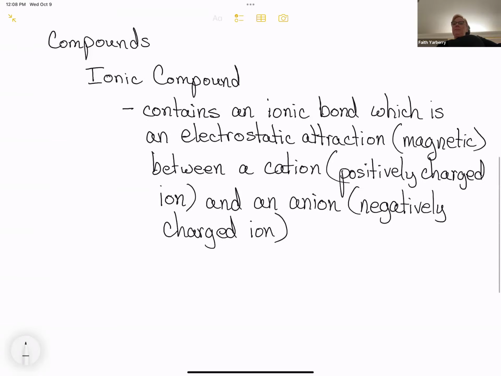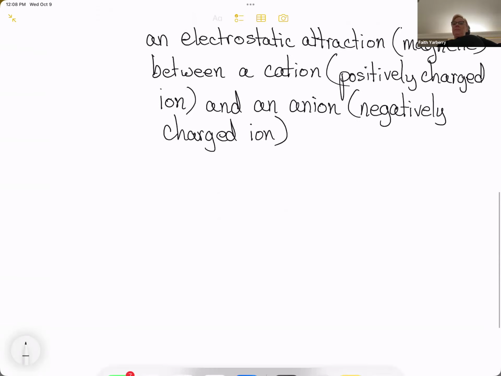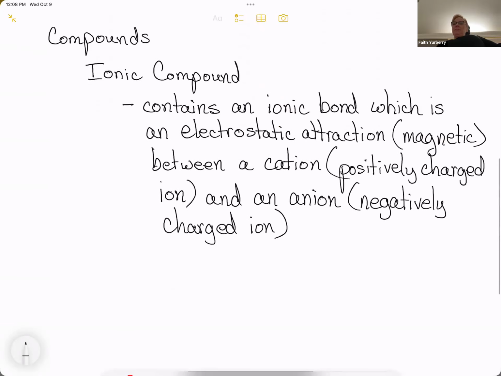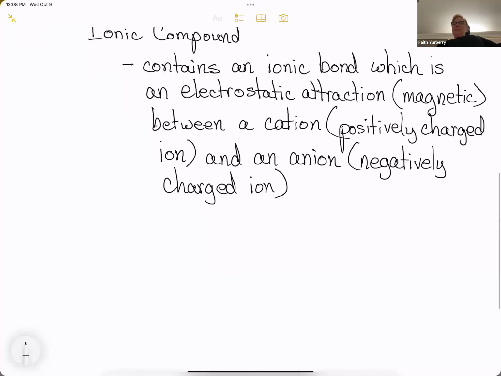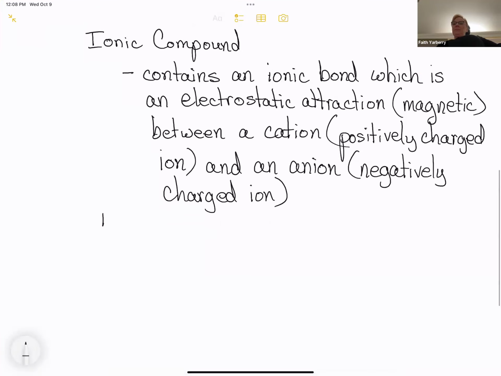The second type of compound that we're going to talk about is considered to be an inorganic. Well, really, there's three. Covalent compound.